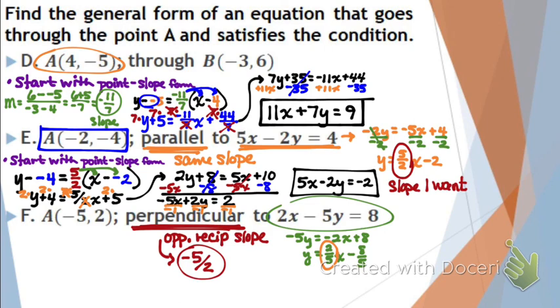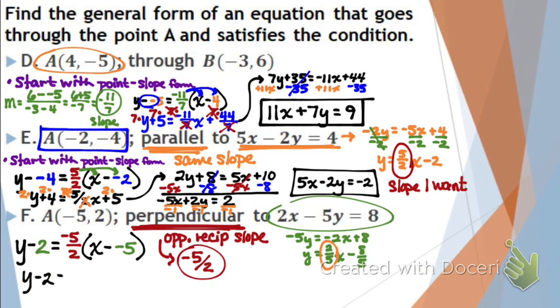And then I'm going to use point slope form. So y minus 2 equals negative 5/2 times x minus negative 5.